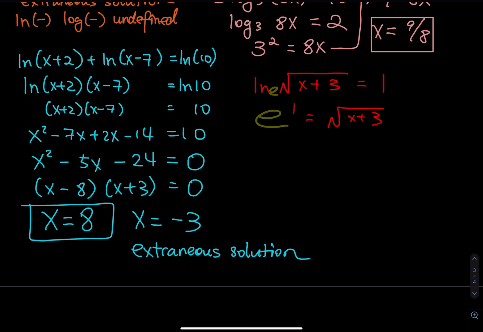And then what? Square both sides. All right. So square both sides. And then you have e squared equals x plus 3. And then what is x equal to? x is equal to e to the second power minus 3.